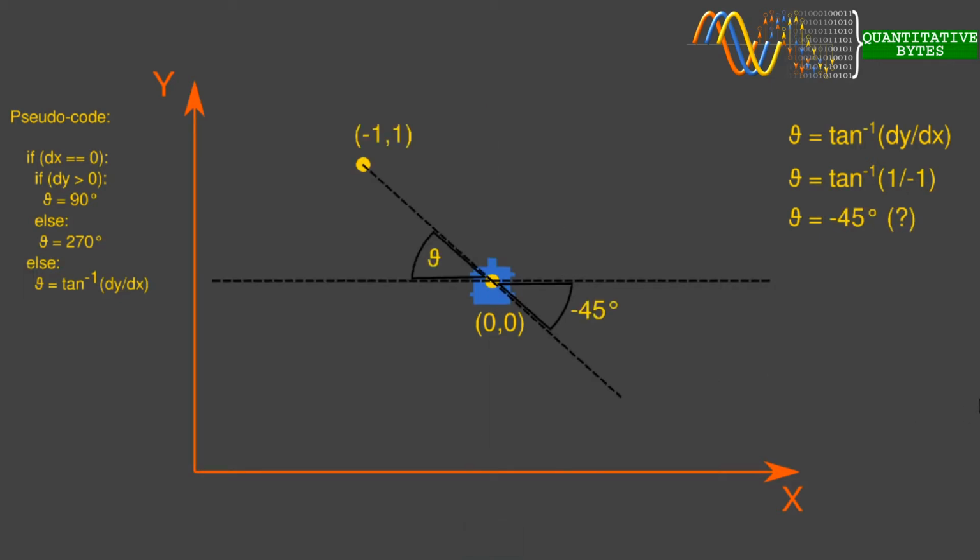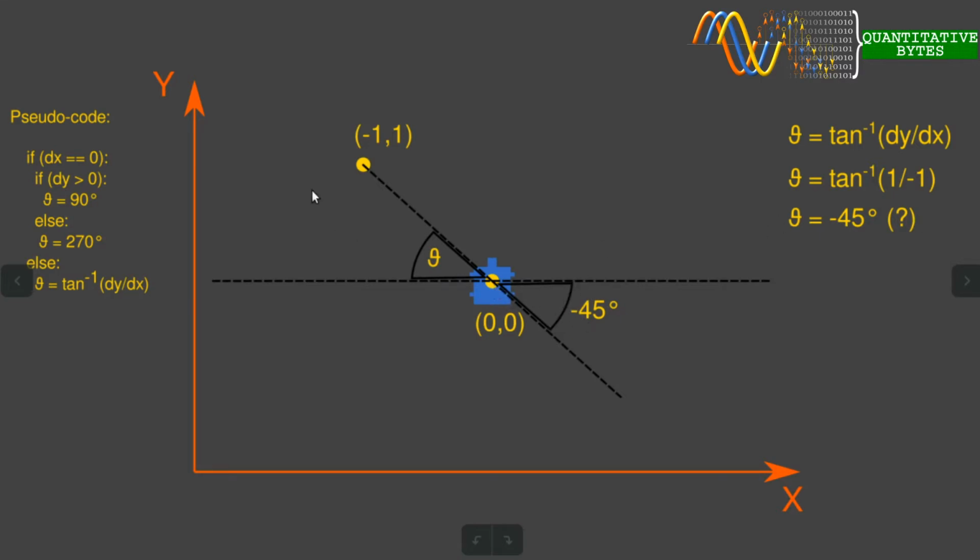The reason that's slightly complicated is if we have x of -1, y of 1, so dx is -1, dy is 1, then, following this equation, theta is equal to the arctangent of 1 divided by -1, which gives theta as -45 degrees. Now, this angle here is not -45 degrees. -45 degrees gives us this angle here.